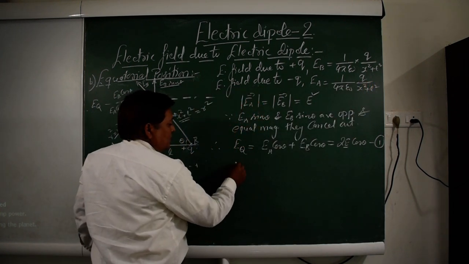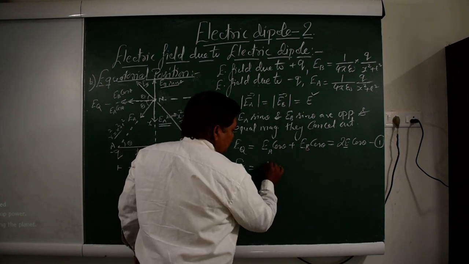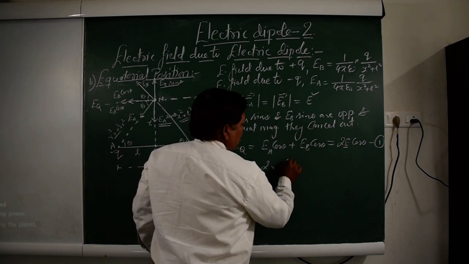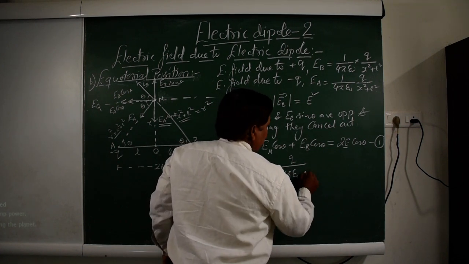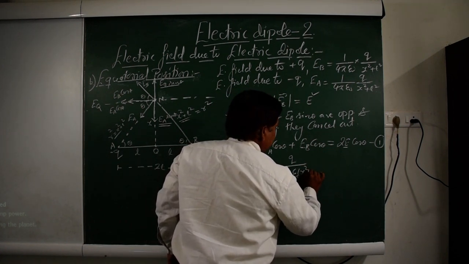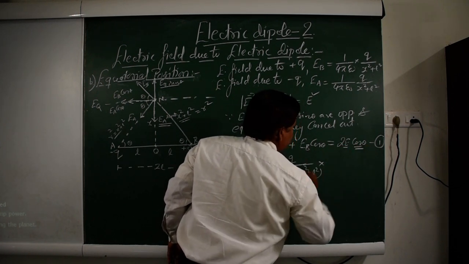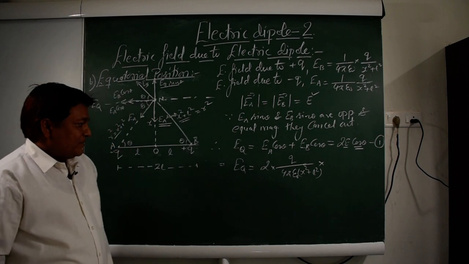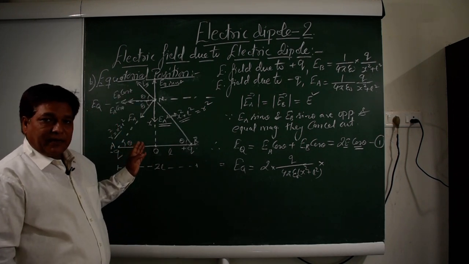So let us continue. EQ is equal to 2 into Q upon 4 pi epsilon naught, x square plus L square, into cos theta. We have to put the value of cos theta. Let us find out cos theta from here.